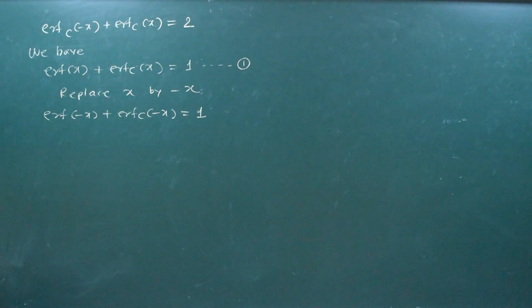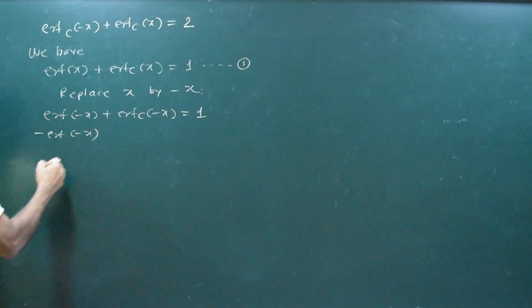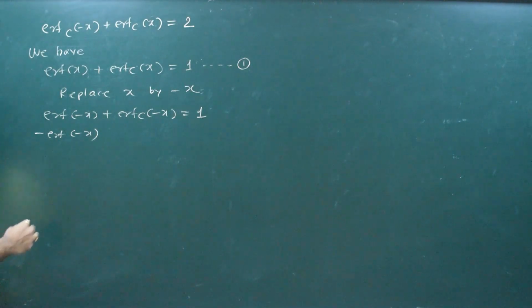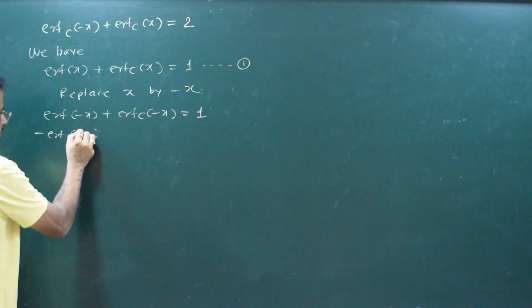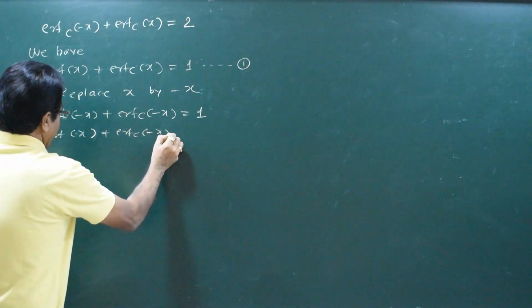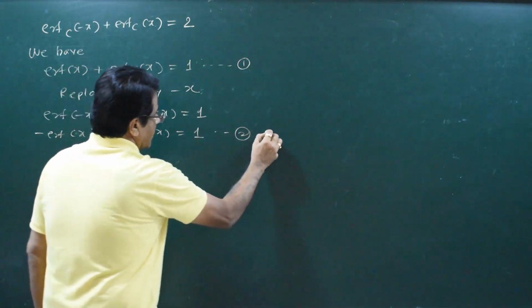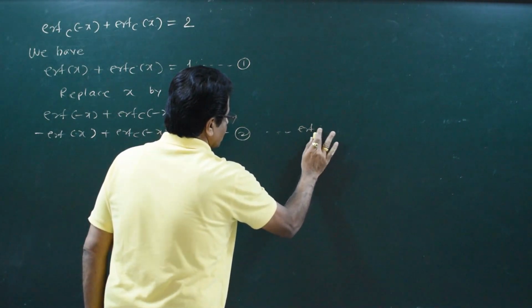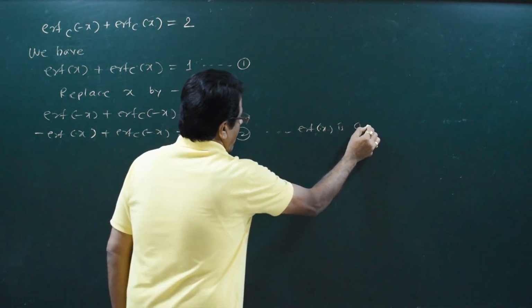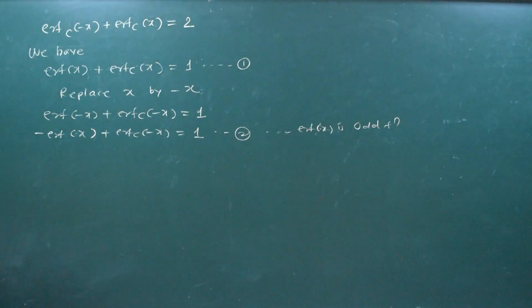Now we also know that error function is an odd function, and therefore here we are going to write minus error function of x plus complementary error function of minus x is equal to 1. Equation number 2. Here I can write: error function is an odd function. So this is the concept that we have used in this example.